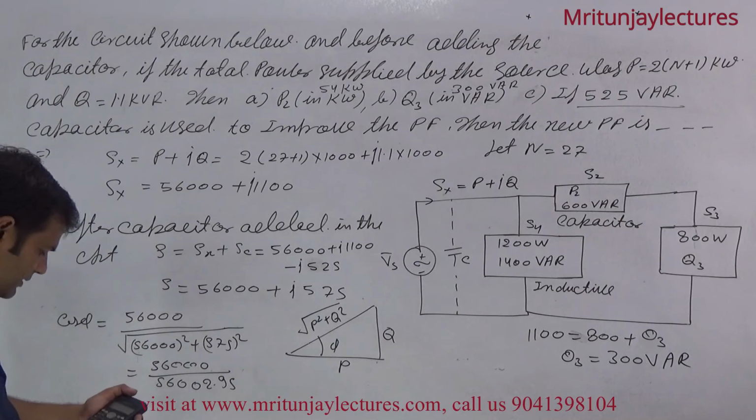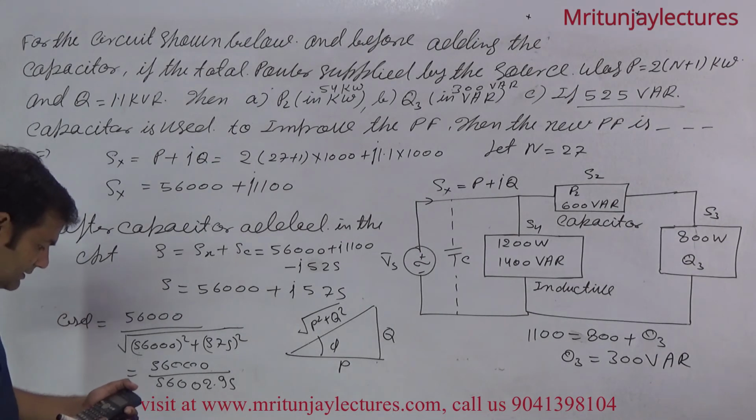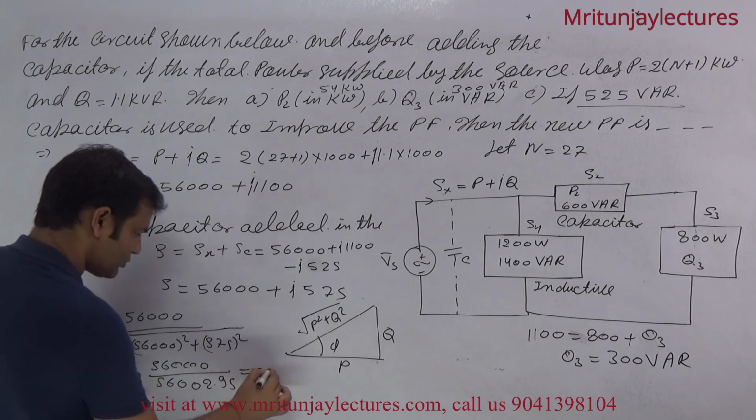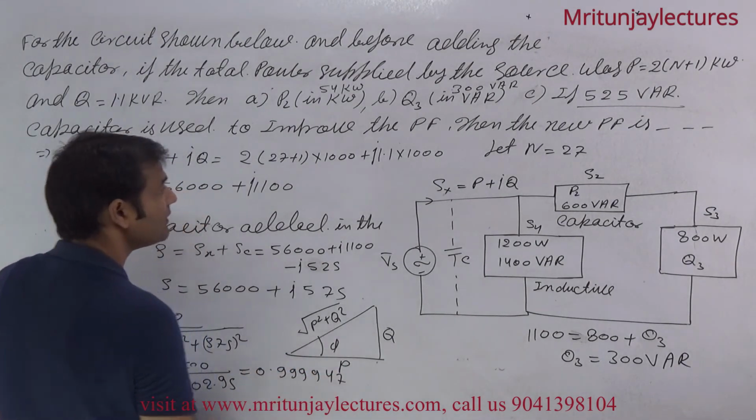So 56,000 divided by 56,002.95 is 0.99947.